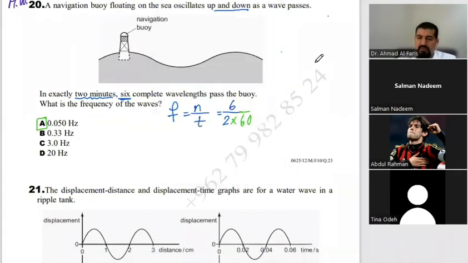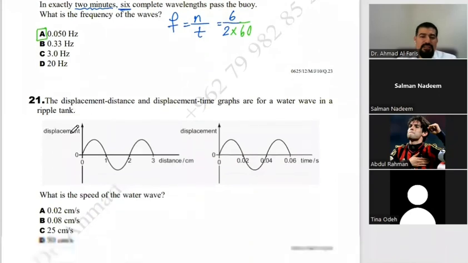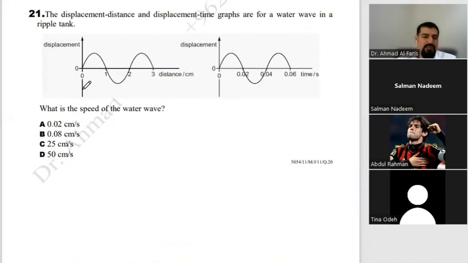Good. Okay. Last question here in the multiple choice questions. The displacement-distance and displacement-time graphs are for a water wave in a ripple tank. What is the speed of the water wave? Now we know that speed is equal to frequency multiplied by wavelength, or wavelength multiplied by frequency.